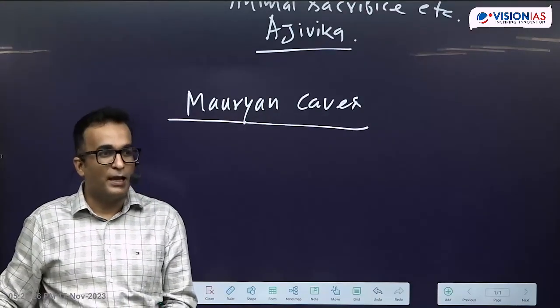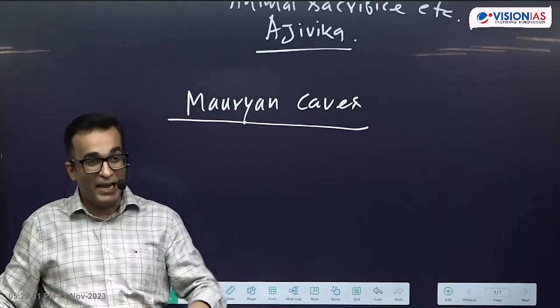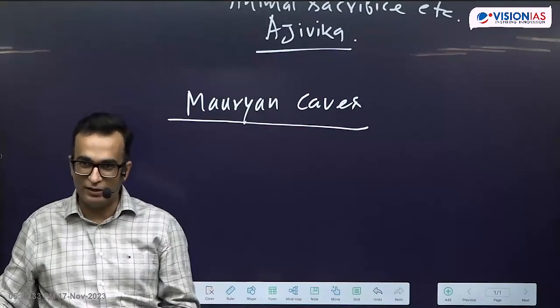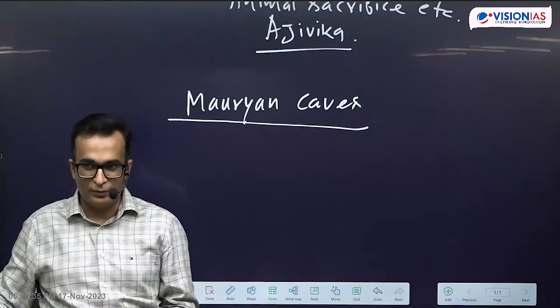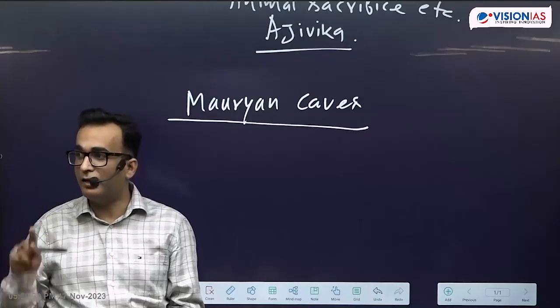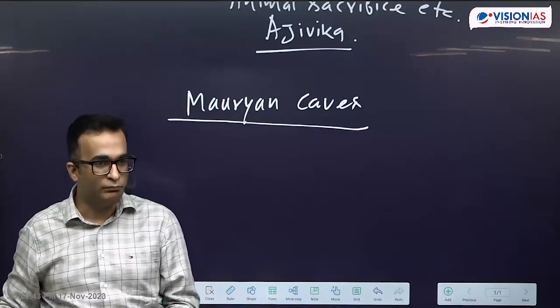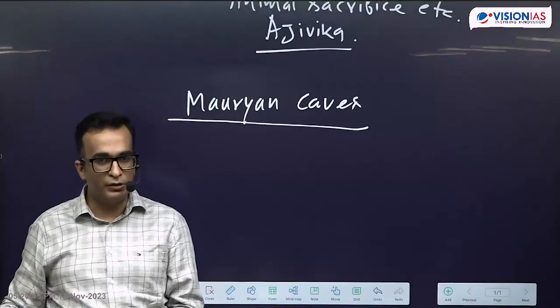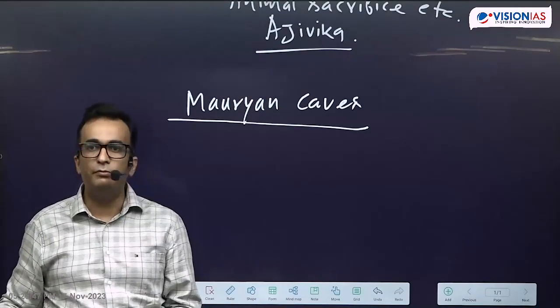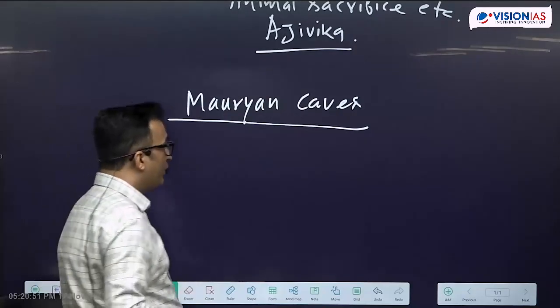So I am different from the other faculties, and what they have been doing in their classes is a different case. But this is my request to you, that you will not interrupt at any point when I am in the course. I'll give you opportune time to ask the question. Wherever you have a difficulty, note it down, and then I'll give you time to ask. Okay? Chalo. So let's move to the Mauryan caves.